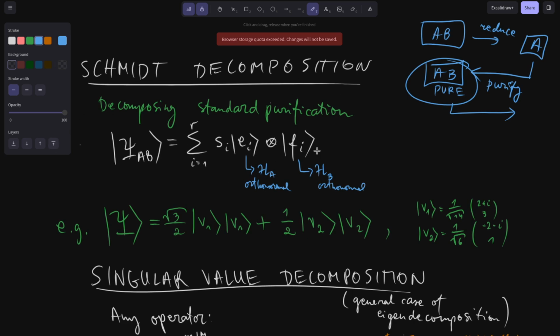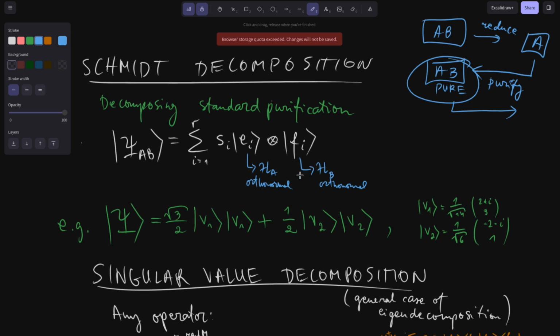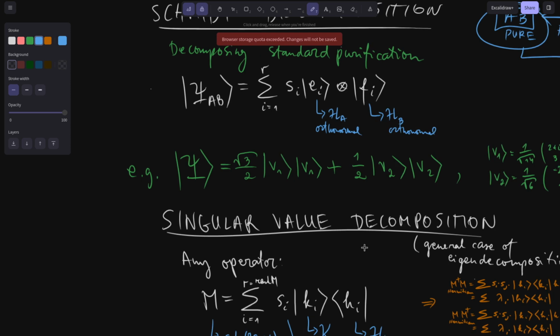So we have our pure state that could be purification of some kind of other smaller state. So we decompose it into the formula that we use for standard purification. So yeah, this is how it works. So we have an orthonormal basis on one of our systems, an orthonormal basis on another system, and then we have some kind of real, positive values here, and we can decompose, as we already had an example.